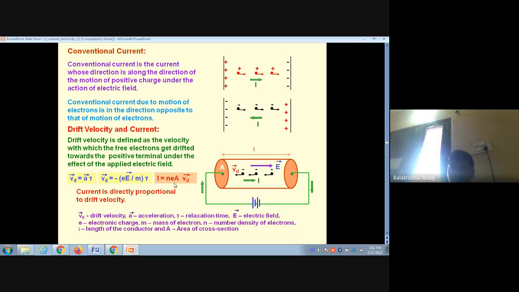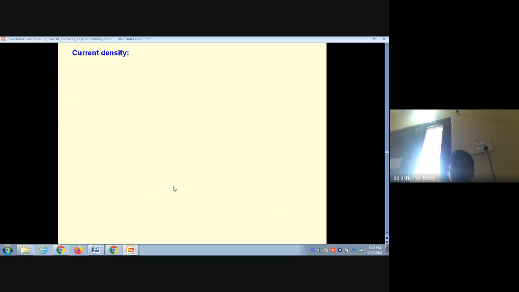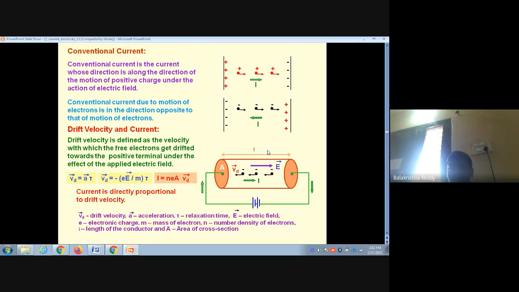So here you need length in the denominator, one more length is multiplied, therefore area you got here. That's why we call small n the number density, number of electrons per unit length. Why do we say per unit length? Because the length of the conductor we have taken to measure this.